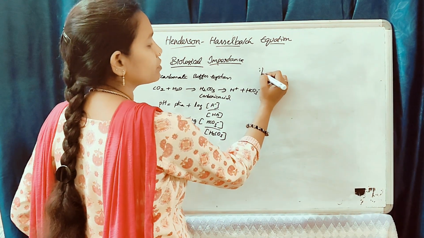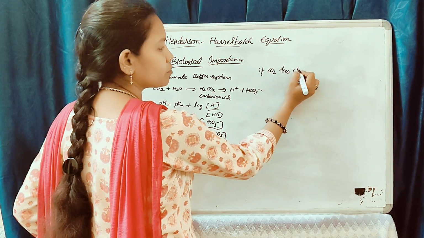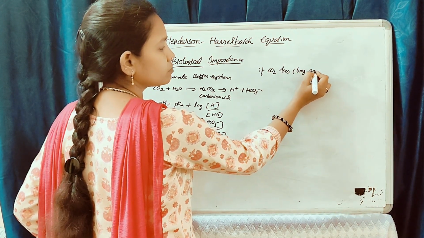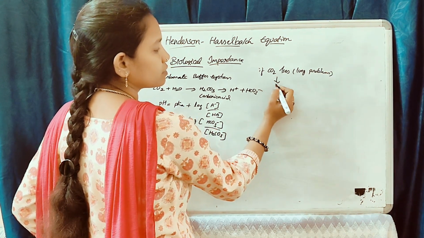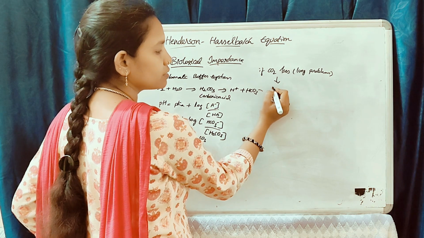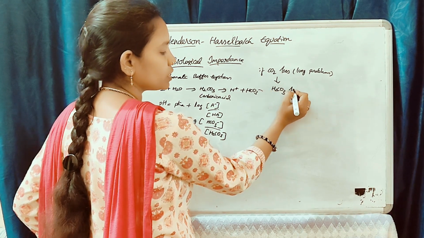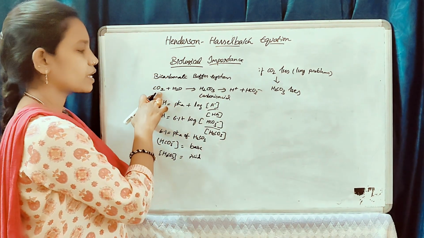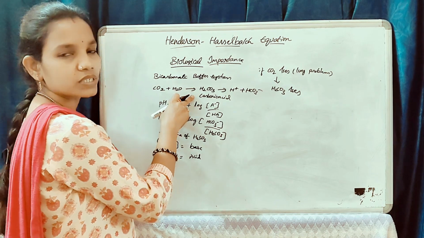Now, if carbon dioxide increases, like in lung problems, what will happen? If carbon dioxide increases, simultaneously carbonic acid also increases, because carbon dioxide reacts with water to form carbonic acid, right?